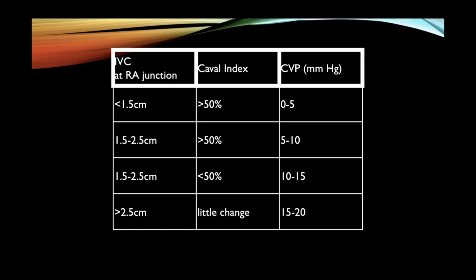So if you see greater than 50% variation, your central venous pressure is somewhere between 0 to 10. Even if you don't memorize all of this, know that if you see variation, your central venous pressure probably isn't through the roof. And if you're not seeing that amount of variation, your central venous pressure is probably higher. It's just something to be mindful of.